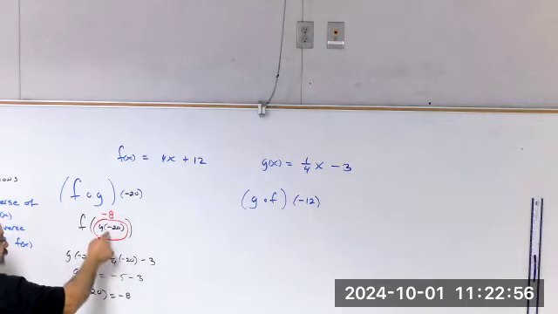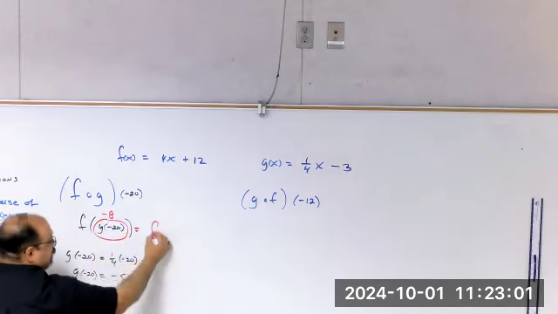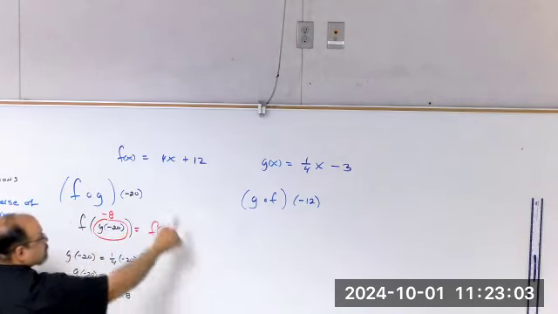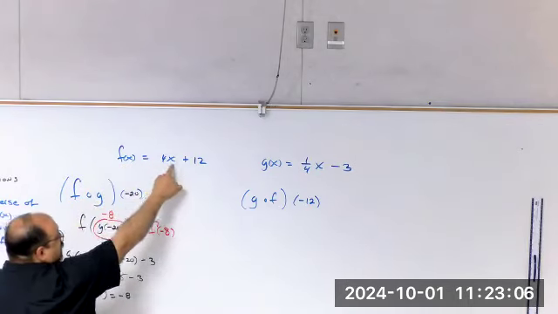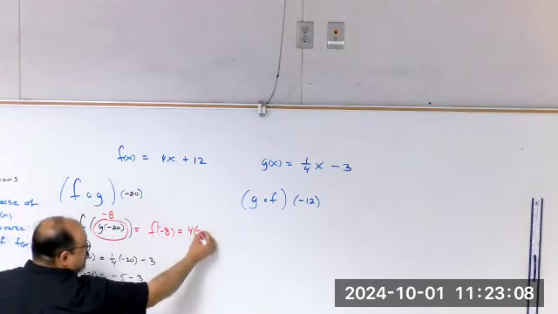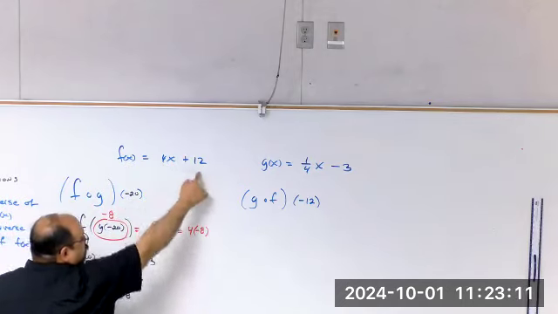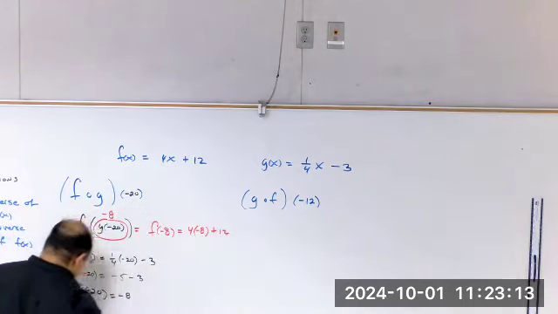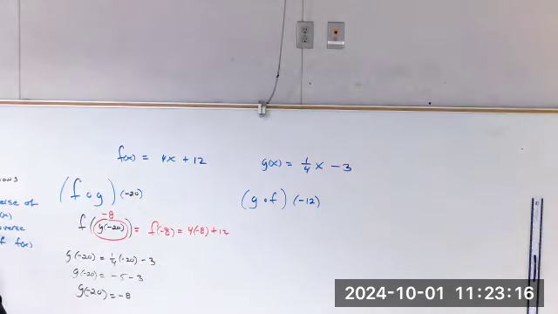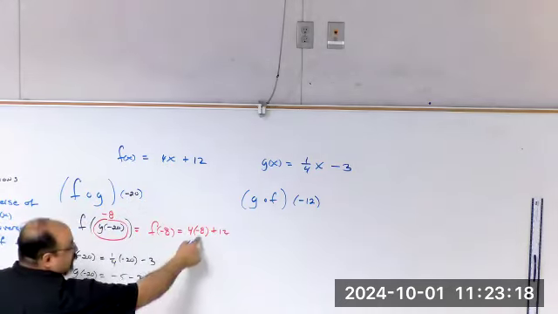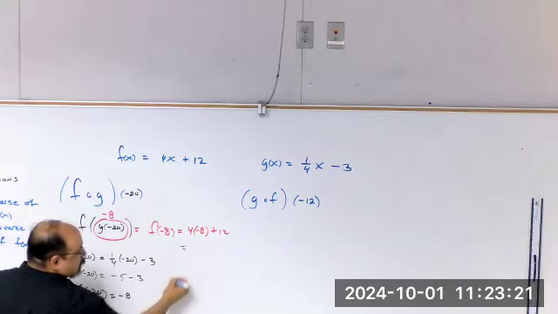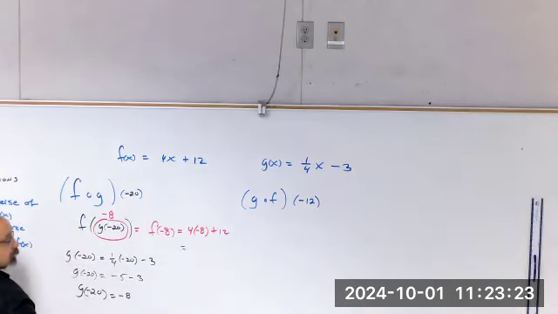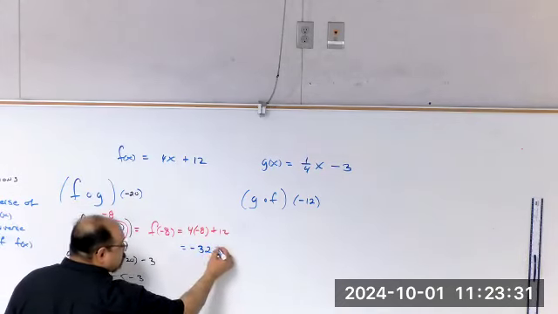So now I'm going to plug negative 8 into the F function. F of negative 8. So whatever goes in, multiply by 4. 4 times that negative 8, and then we add 12. Four times negative 8 is negative 32, and then a plus 12.